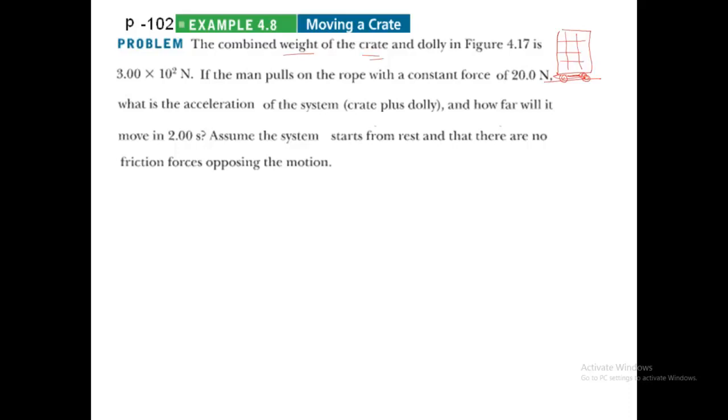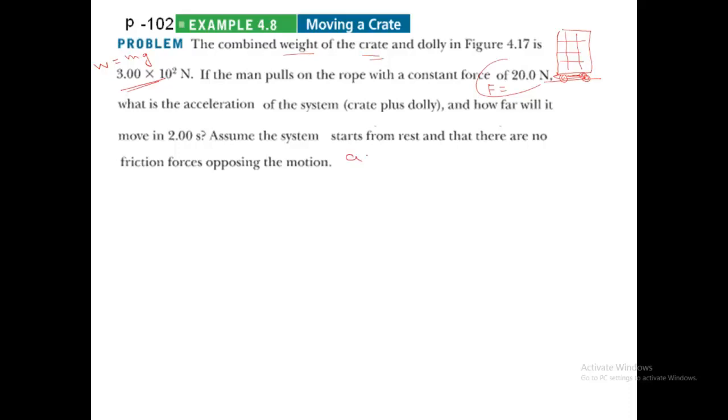This is your W, which is equal to mg, 3 times 10 to the power 2 Newton. If the man pulls the rope with a constant force of this much, what is the acceleration?